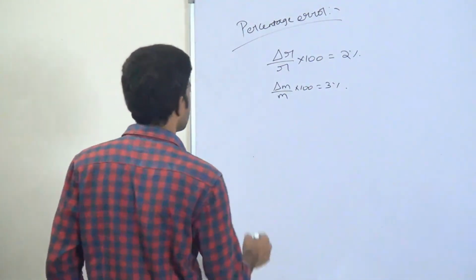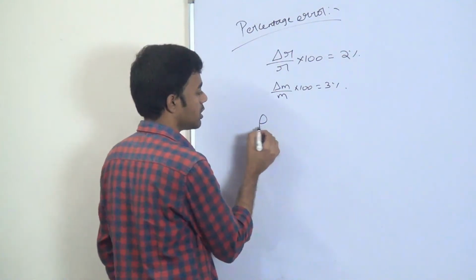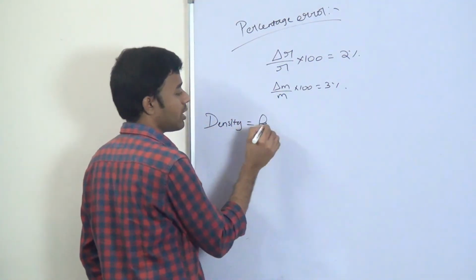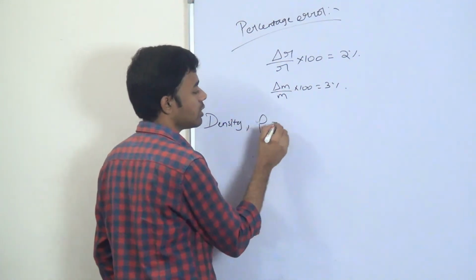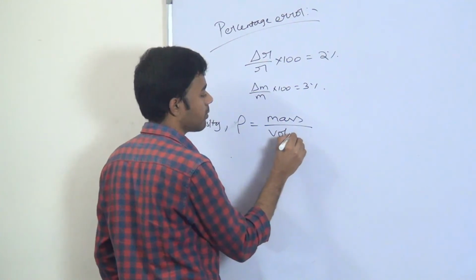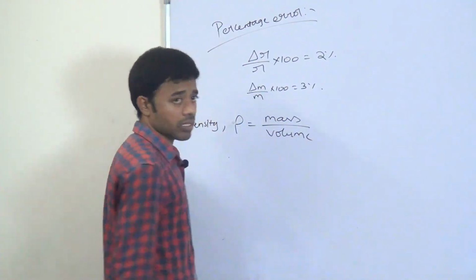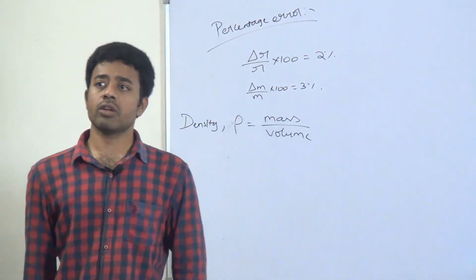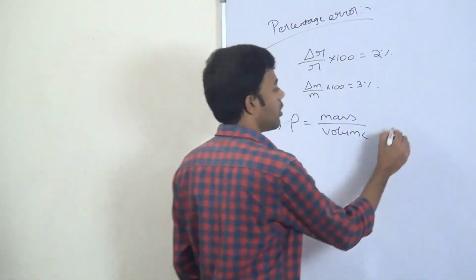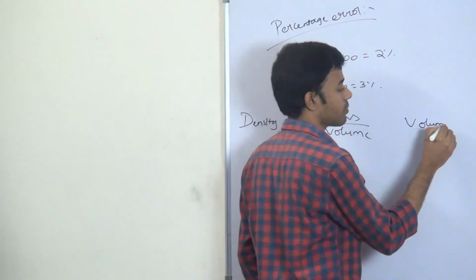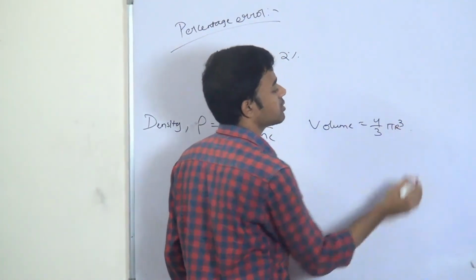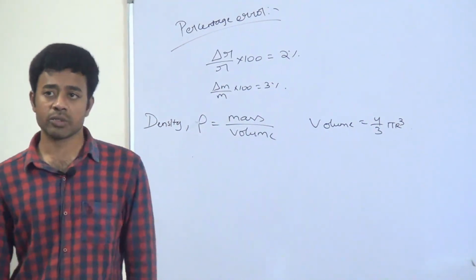We know that the density rho is equal to mass by volume. Here the given object is a sphere, so the volume of the sphere is 4 by 3 pi r cube, as we have known it.